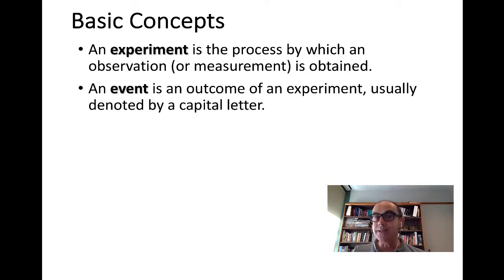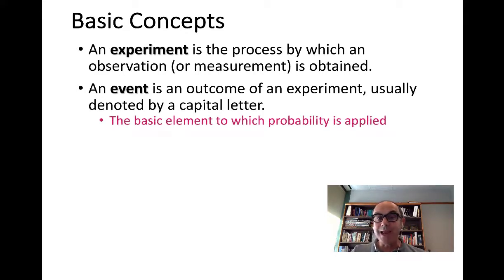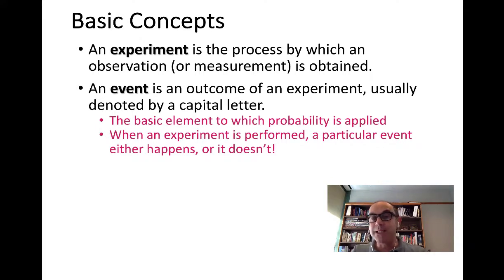An event is an outcome of the experiment, usually denoted by a capital letter. When the experiment is performed, a particular event either happens or does not happen. It depends. It's not a strict rule that if you have an event, the outcome is already known.